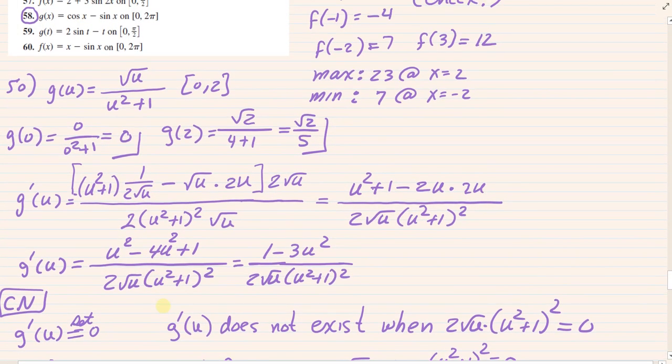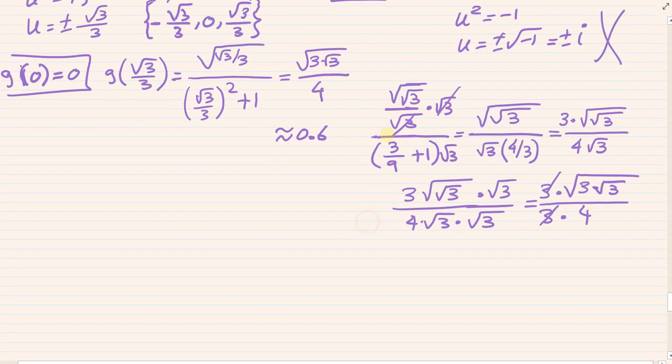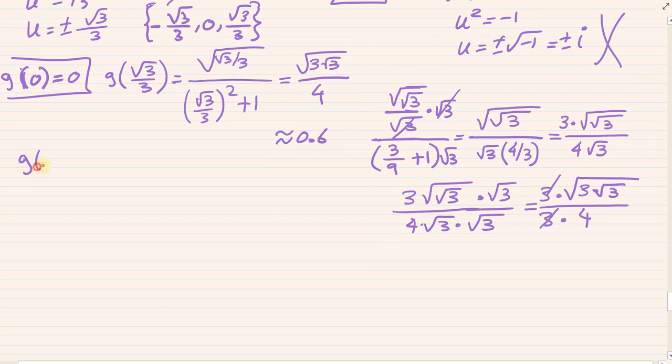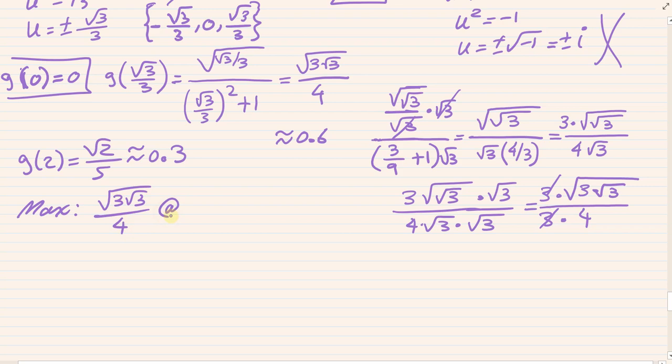In the very beginning, g at 2 was root 2 over 5, which turns out to be about 0.3. So now we're done. Maximum is going to be root 3 divided by 4, instead of 0.6, and it's attained at x equals root 3 over 3.